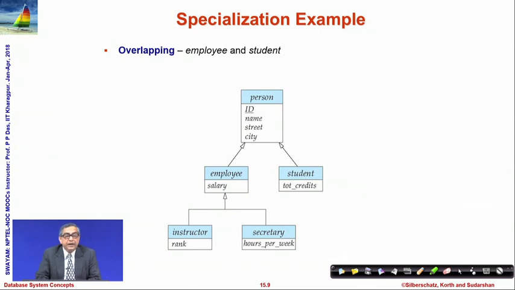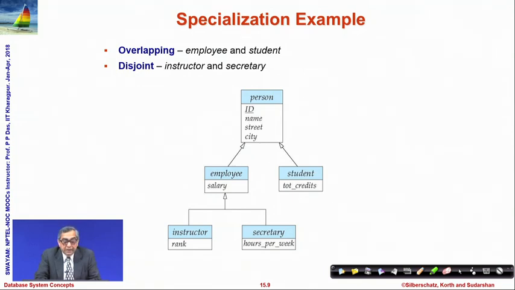Now, when we specialize a certain entity set into 2 or more entity sets, like we specialize person into employee and student, then there could be different situations. For example, a certain entity may be a member of both employee as well as student. If that happens, then we say that they are overlapping entity sets, or they could be disjoint, where no member of instructor would be a member of secretary and vice versa.